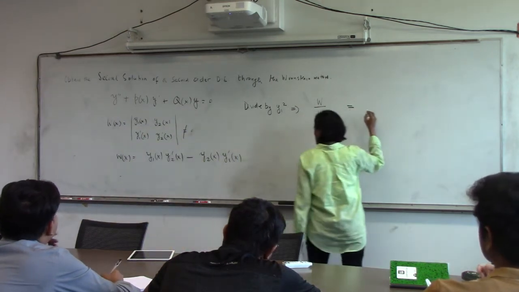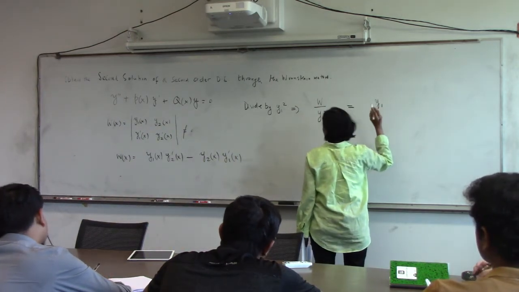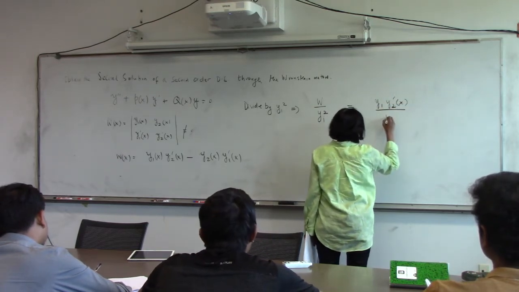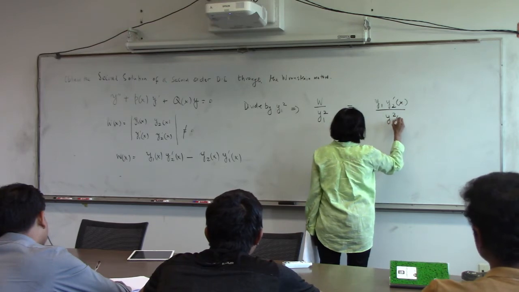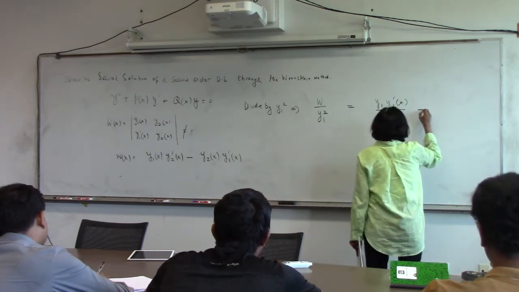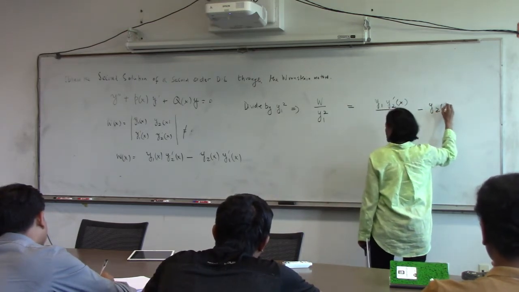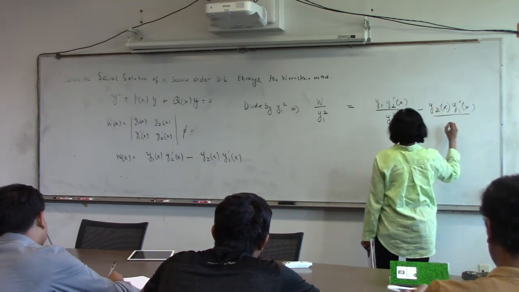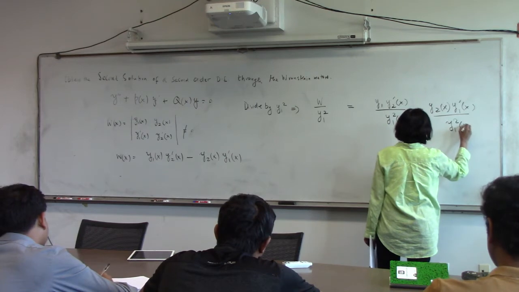So that gives you y1 y2 prime x over y1 squared x minus y2 x y1 prime x over y1 squared x.